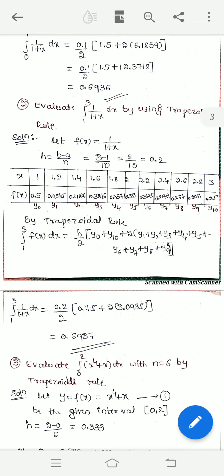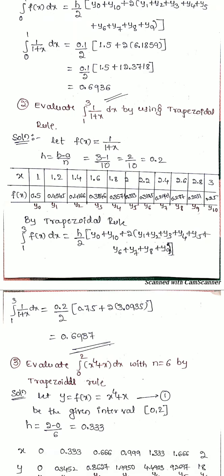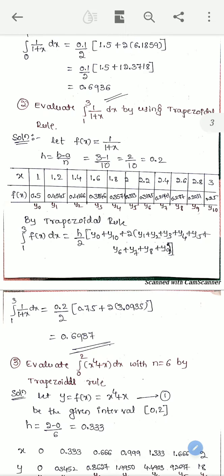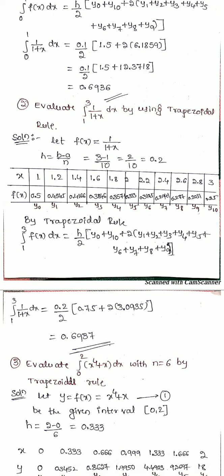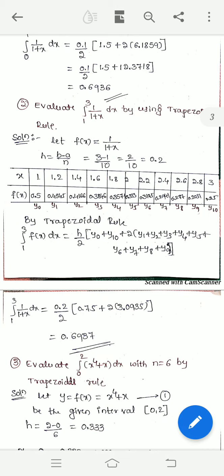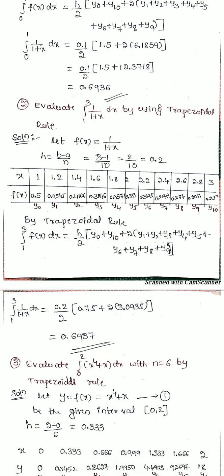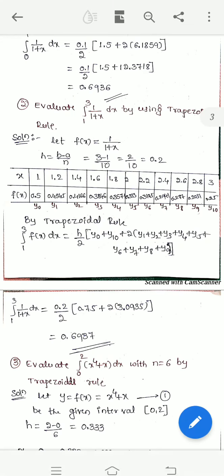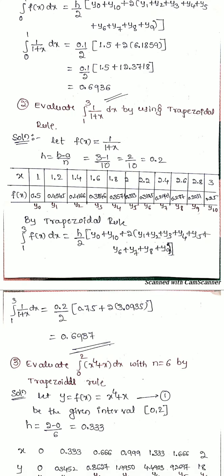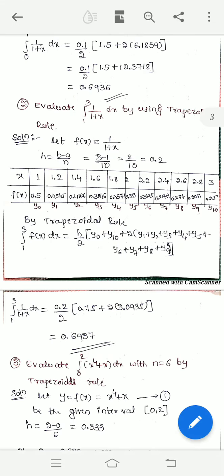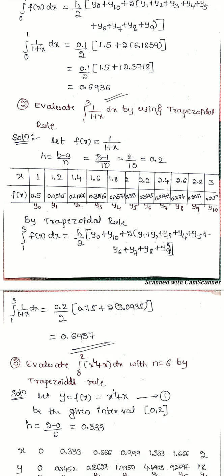If x equals 1, then y is equal to 0.5, that is the y0 value. Similarly, if x equals 1.2, the y value is 0.4545. If x equals 1.4, y equals 0.4166. Similarly, if x equals 1.6, it is 0.3846. So on we go on finding the y values up to the last x value, that is if x equals 3, y is equal to 0.25, that is y10.